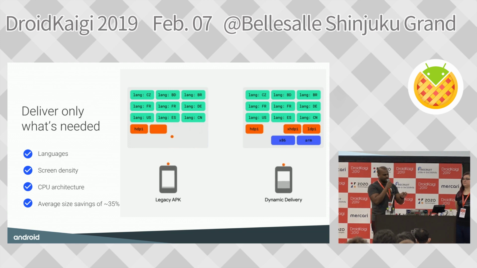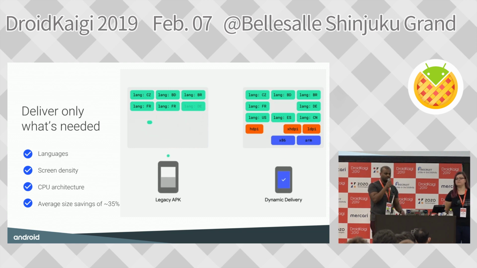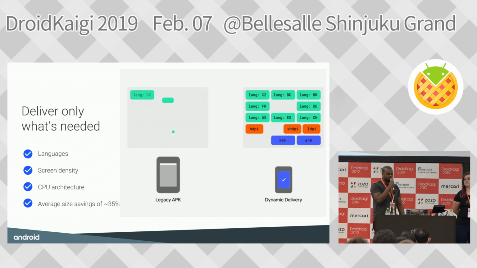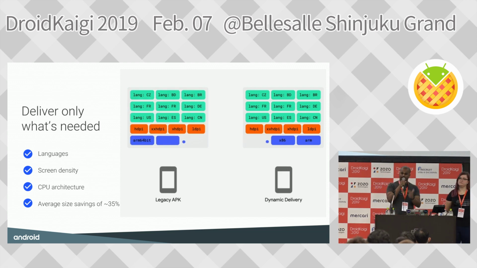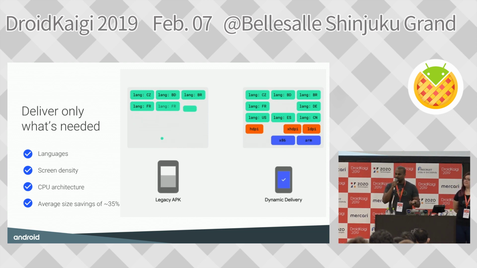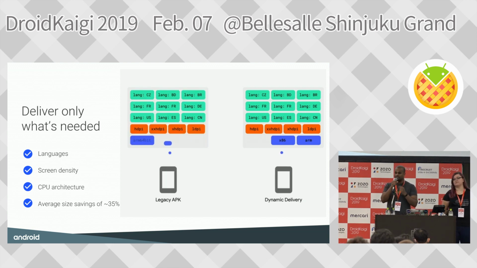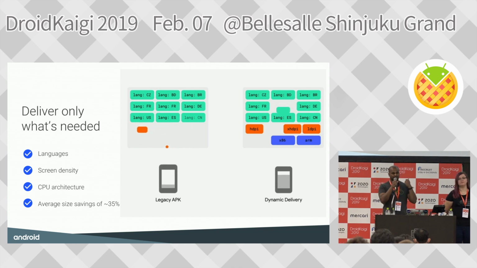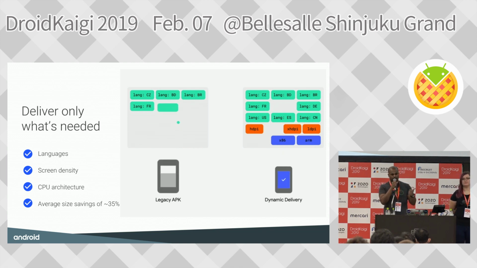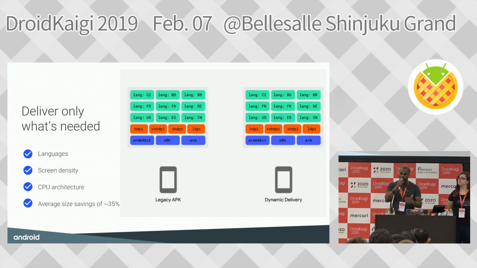So if we look at this animation here, before, if you're not using multi APKs, all the code and resources for all the different device configurations would be packed into a single APK, and your users will have to download all that information, even though they're not using most of it. But with dynamic delivery, they only download the pieces they need. So for you, it's a single upload artifact. It's just one zip. And for users, it's a far lower download size.